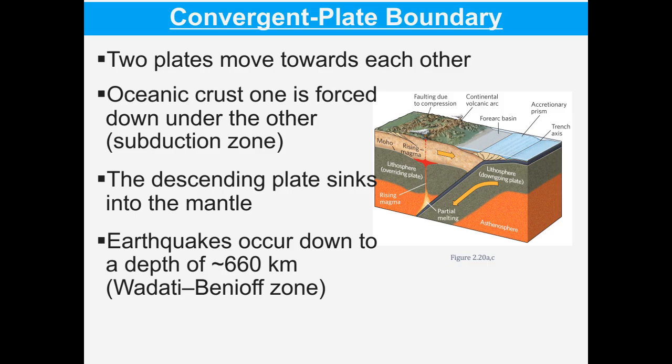Okay, so now let's look at this convergent boundary. As I said, one thing that happens is that one of the plates, for example, this one here, goes down and the other one stays up. So let's look at the different types of convergent plate boundary. We have three types.